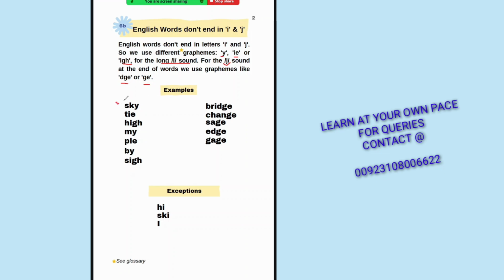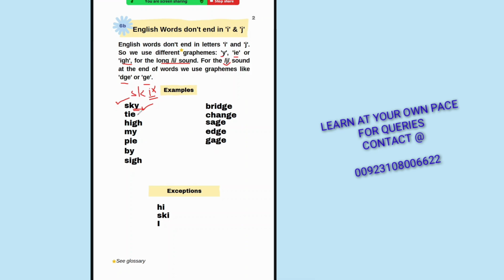Examples are sky. Look here, we cannot write the letter I at the end of the word.